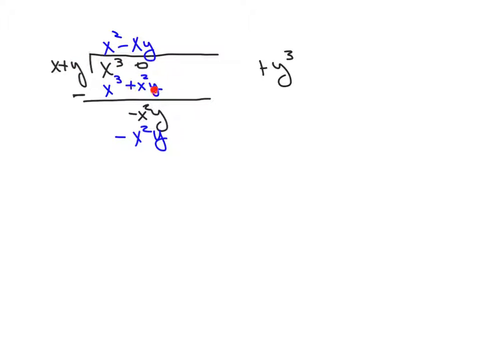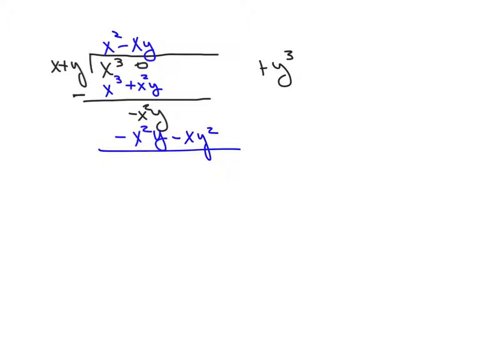See over here, to get these two, we took this times that and got x cubed, that times that and got x squared y. We took this one times x to get this. Okay, now we have to take this times this, and that gives me a negative xy squared. Okay, see what I've got there?